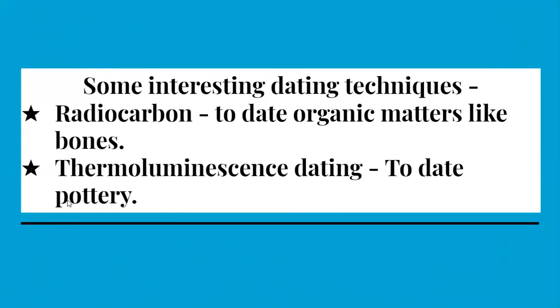It is used to date pots, and similarly to date organic matter like a skull. How long ago was the skull? So, for example, how do you get to know about dinosaurs' age? We get to know it through the technique called radiocarbon dating, right?